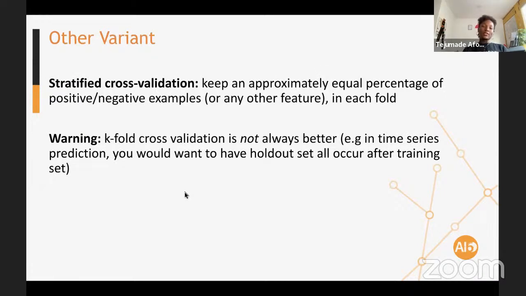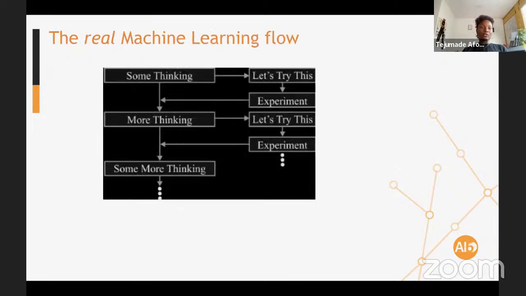But there are also other variants, right? Like stratified cross validation, where you try to keep approximately equal percentage of the positive and negative examples. And there's a warning here that K-fold is not always better, especially when you have a time series prediction. This is all trying to help us understand the machine learning flow.